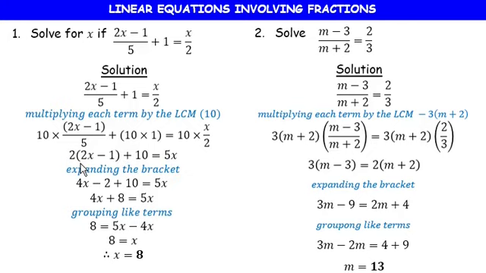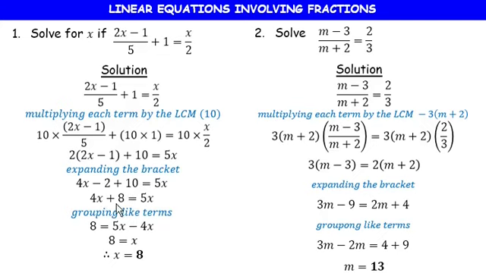So the next thing is to expand the bracket. Here you are going to have 2 times 2x giving us 4x, and 2 times negative 1 giving us negative 2. And then we add a plus 10, everything is equal to 5x. The next thing is to group like terms. We want to group all x at one side and all the constants at another side.